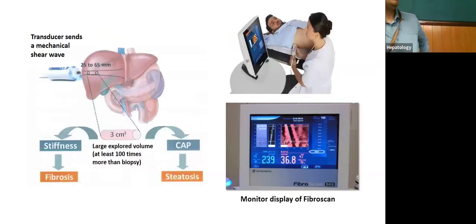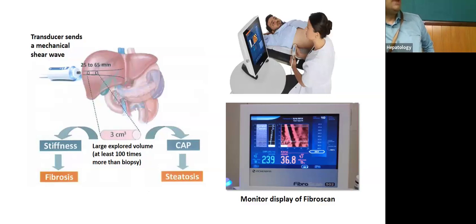So this is how it is done. There is a very simple machine with a probe and a screen. The patient lies down in supine position with the right arm behind his head. Then you draw a straight line from the xiphisternum to the intercostal space, and then you apply this probe and you fire. Then you have 2 kinds of values on this screen.